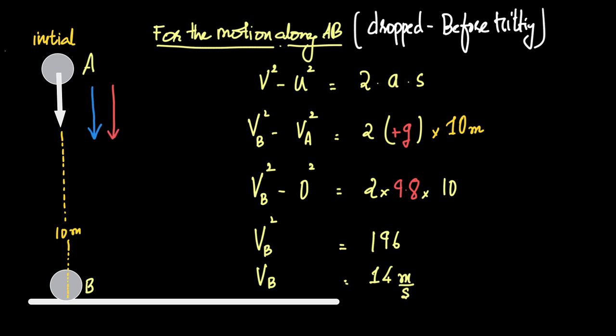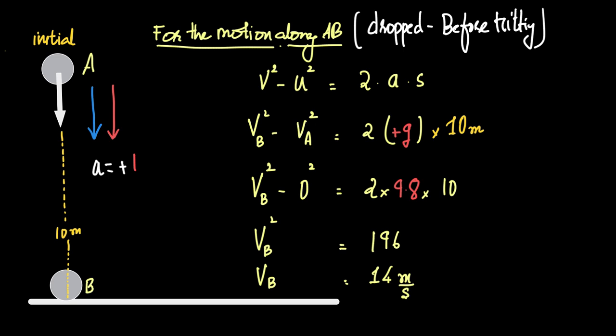Since both are in the same direction, we take the acceleration to be positive, plus 10. Since this object is dropped from rest, the initial velocity, which is velocity at A, will be equal to 0.